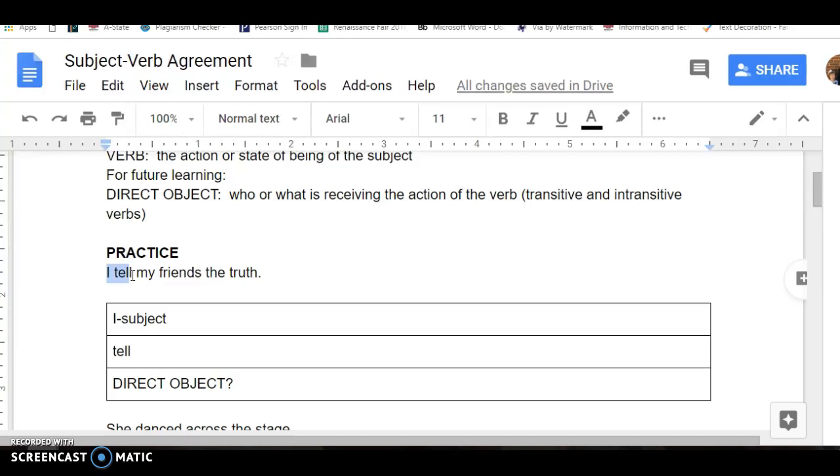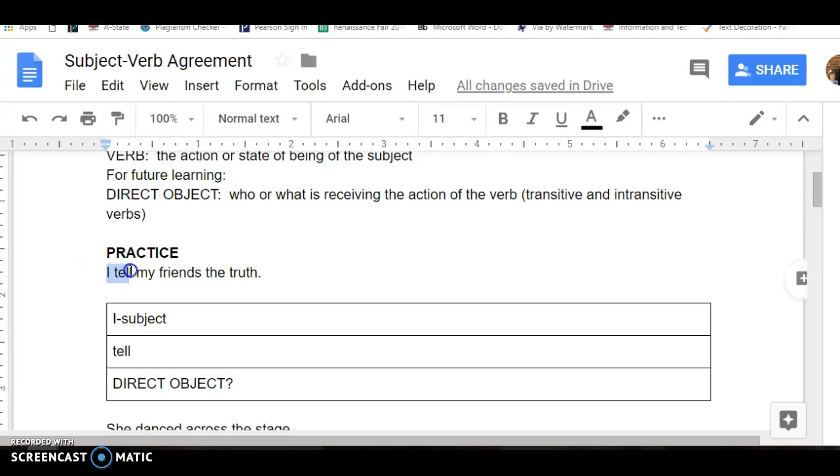Now, just like we learned some noun tests, like if we have a plural form or if we can put an article in front of it to determine whether or not it's a noun, you would do the same thing with tell. One of those tests is if you could have an ed or an ing form. So can you say told and can you say telling? Yes. So we know that tell would function as the verb in the sentence.